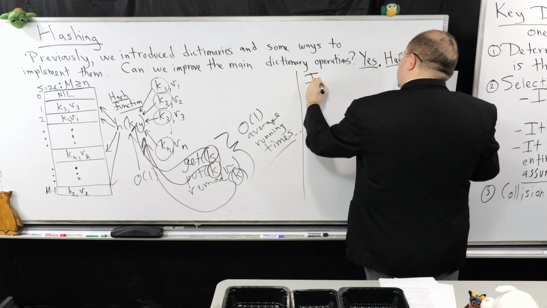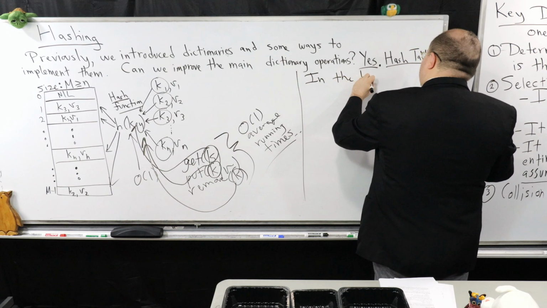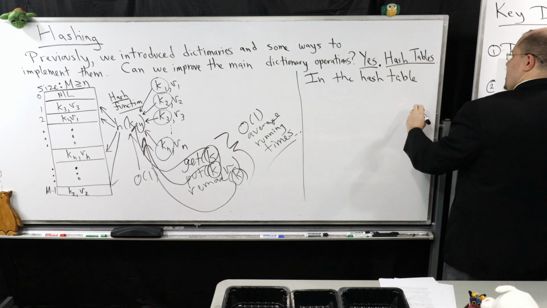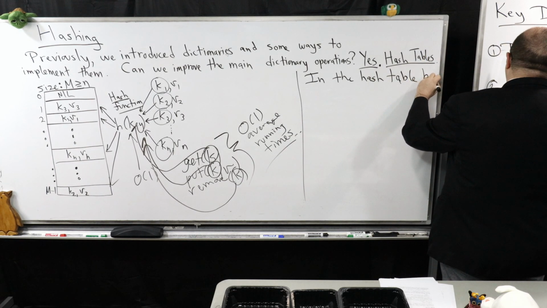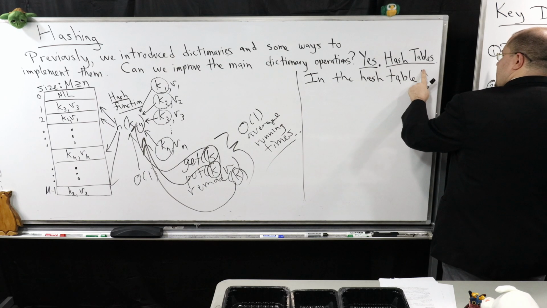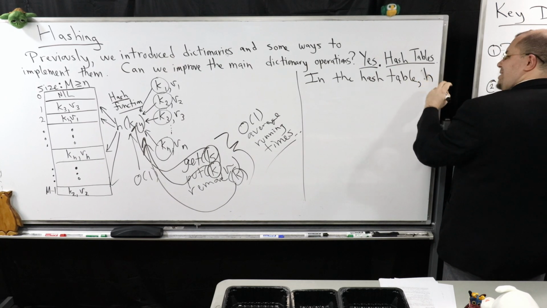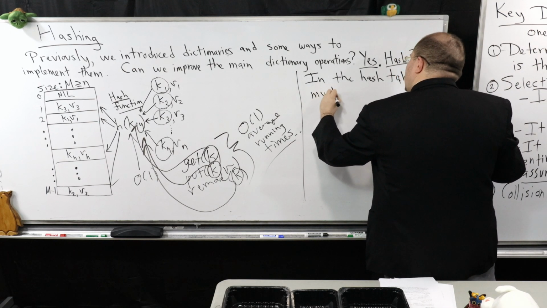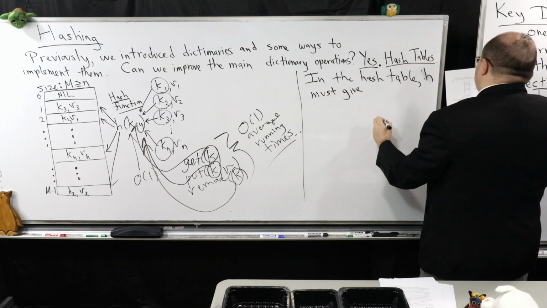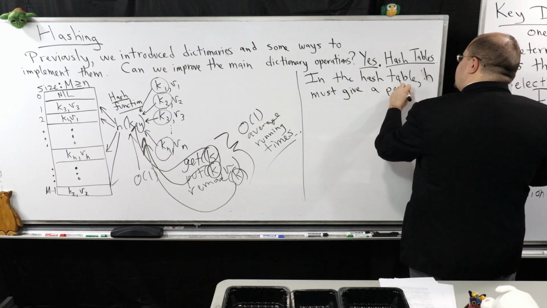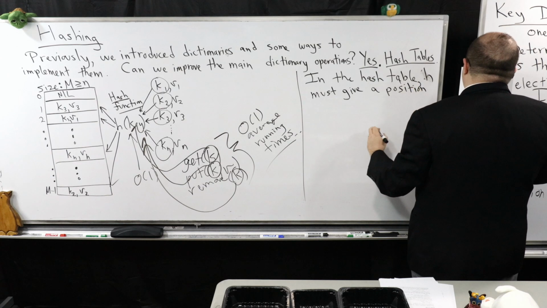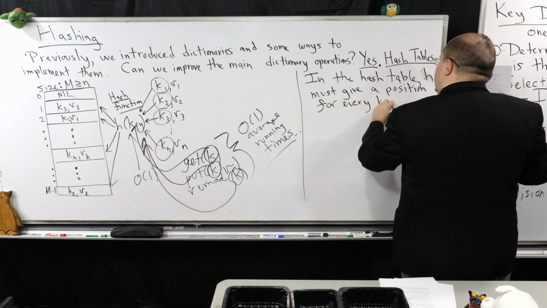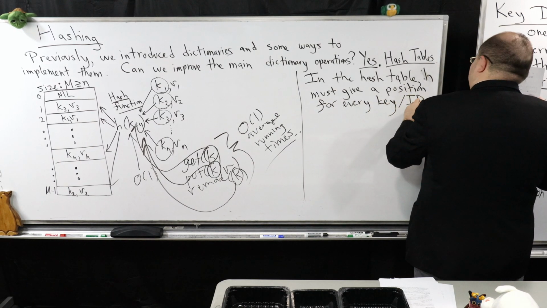So in the hash table, H, the hash function over there must give a position for every key, or I'll call it ID, key or ID.